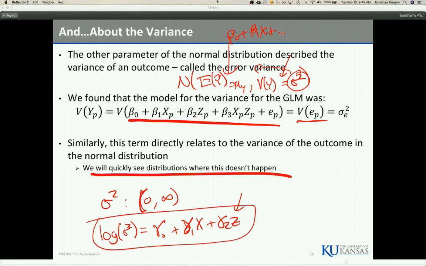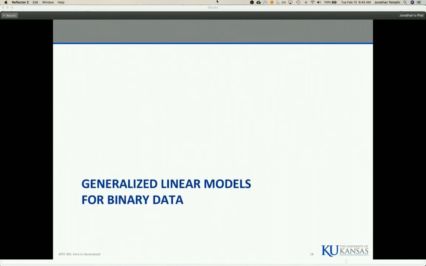In our normal linear model or general linear model where we have conditionally normal outcomes, the variance and the mean are independent. And that is one of the only distributions where that happens to be the case. So there's nothing stopping us from providing even a model for the variance in this sense. But again, I'm getting ahead of myself. Let's get into an example.